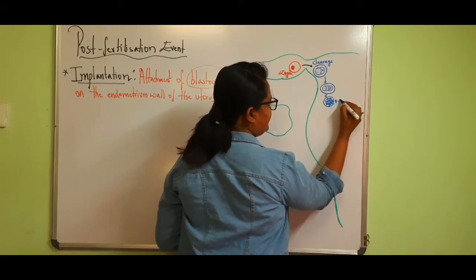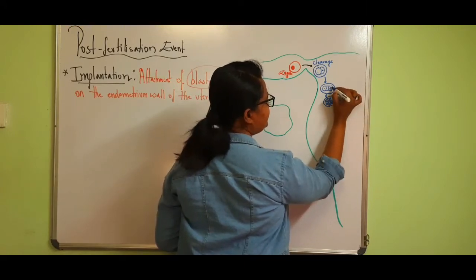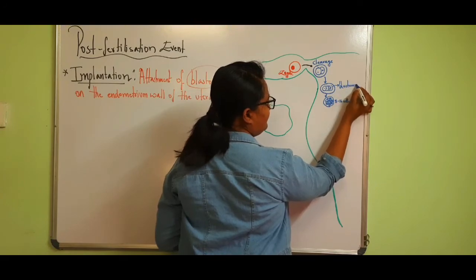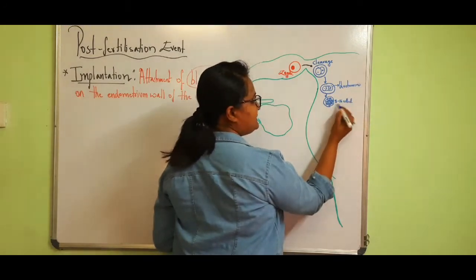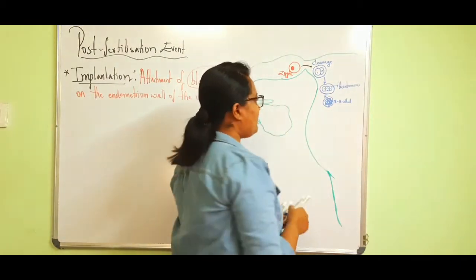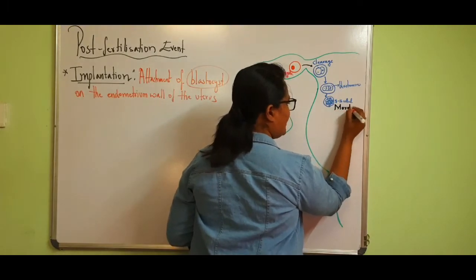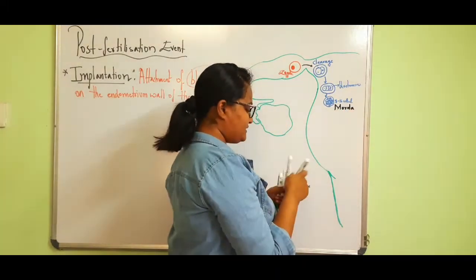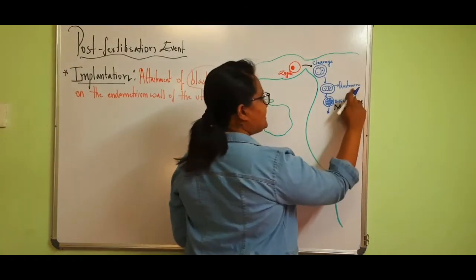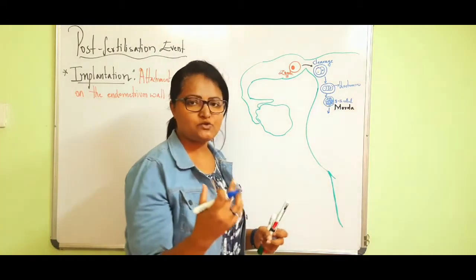That is 8 to 16 celled stage, and all these cells are called blastomeres. This 8 to 16 celled solid ball-like structure, we call it as morula.